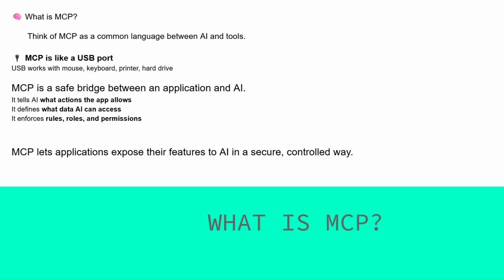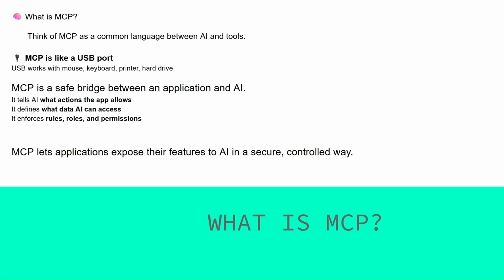Also, it enforces rules and permissions to access any of your applications, telling the AI how it can access and what can be accessed within an application. So MCP lets an application expose its features to an AI in a secure and controlled way.